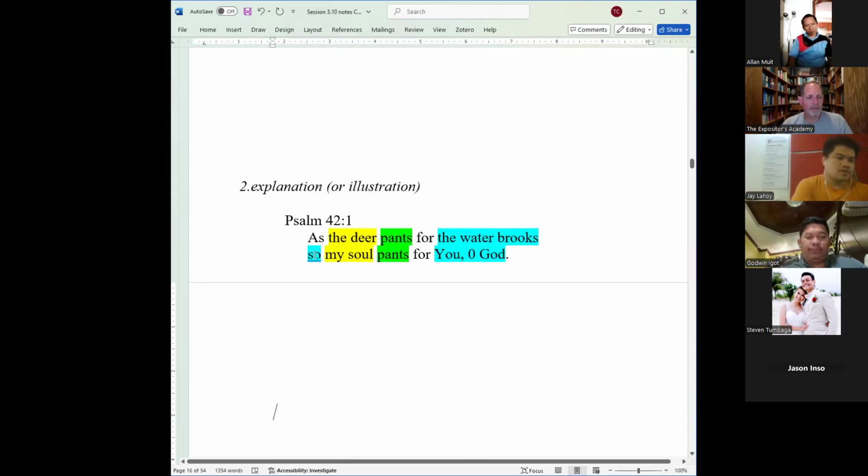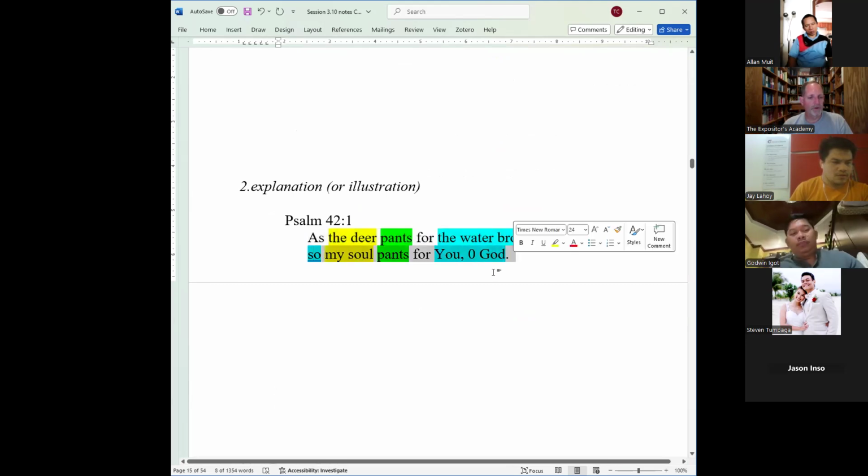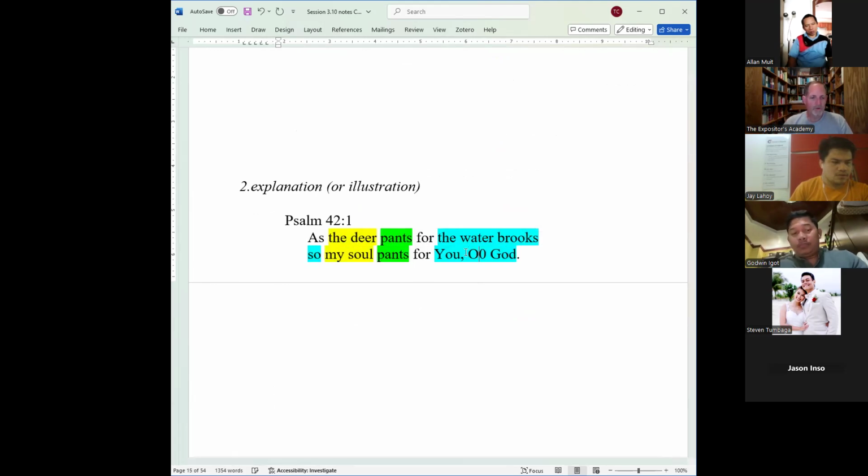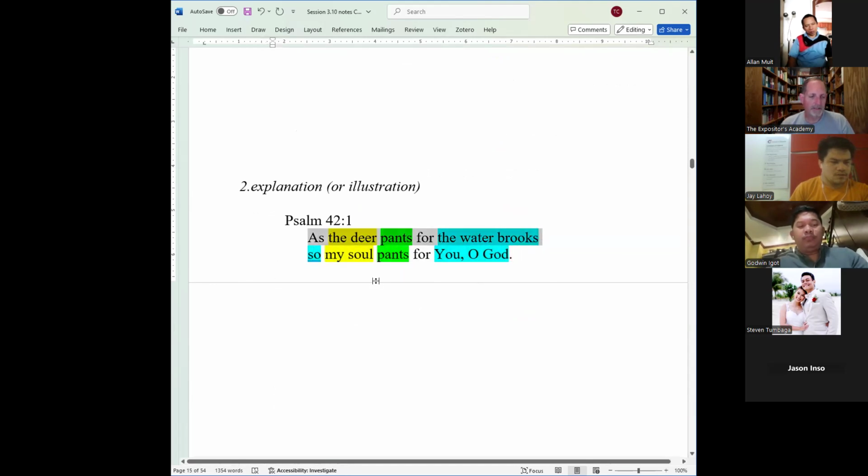Second form of developmental: explanation or illustration. That is, one line explains, gives further understanding of, or illustrates the other. So, as the deer pants for the water brooks, so my soul pants for you, O God. So "my soul pants for you, O God" is the statement, and he illustrates it in the first line. What's it like? Like the deer pants for water, my soul pants for you.